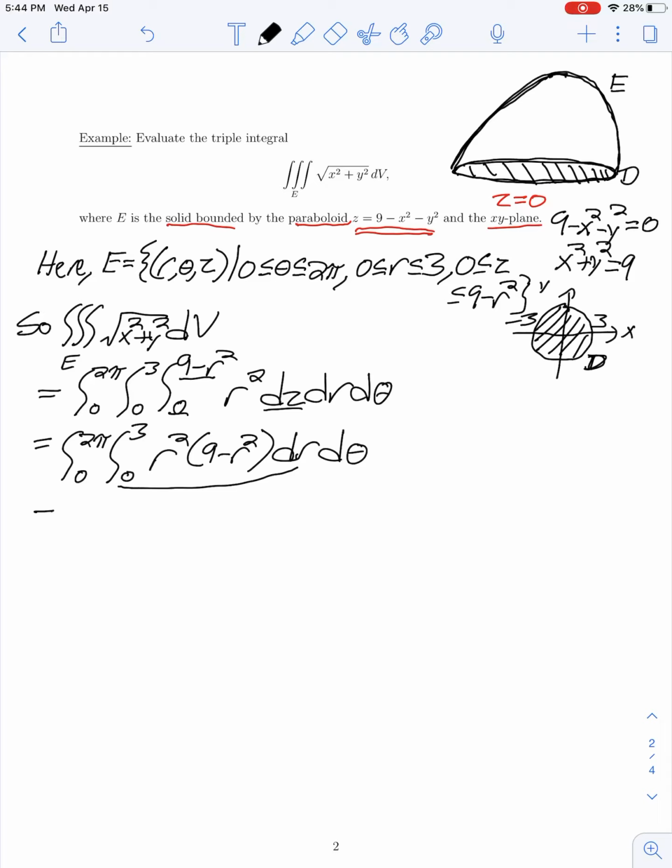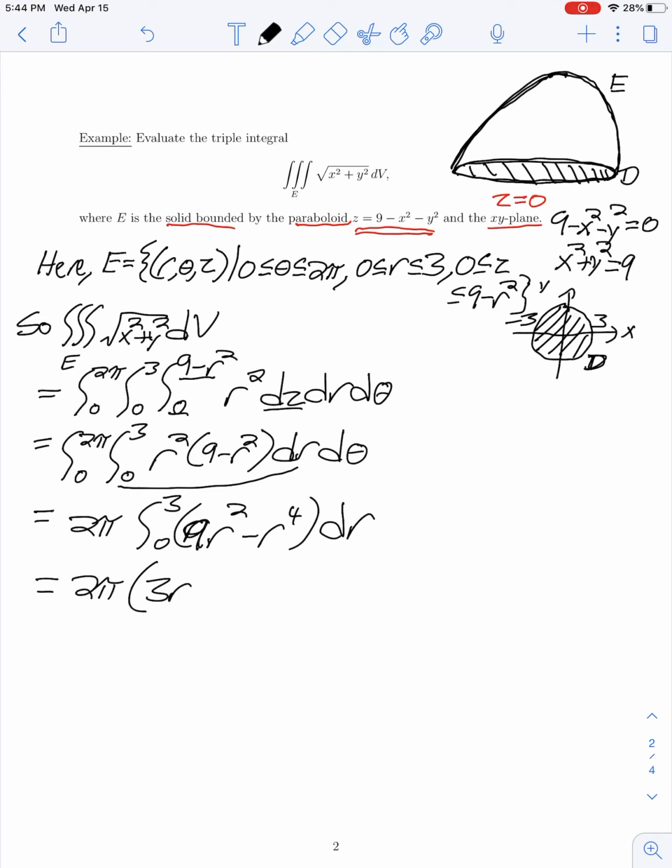So I could evaluate my outer integral first, and I get a constant 2 pi times the integral from 0 to 3 of, distributing our r squared, 9 r squared minus r to the 4th dr. So we have then 2 pi times our antiderivative with respect to r, which is 3r cubed minus 1 over 5 r to the 5th, evaluated from 0 to 3.